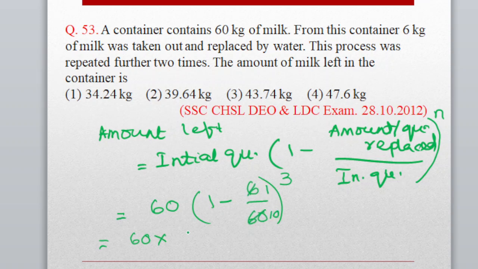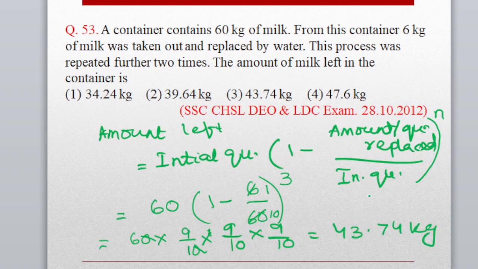Now 1 minus 1 by 10 is 9 by 10. Now 9 by 10 into 9 by 10 into 9 by 10. Here this 0 cancels this 0, and after multiplication we are getting 43.74 kg. That means option 3 is the right answer.